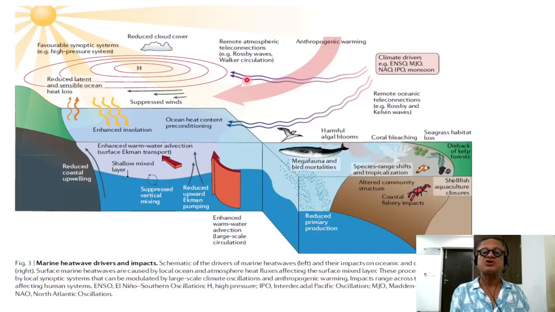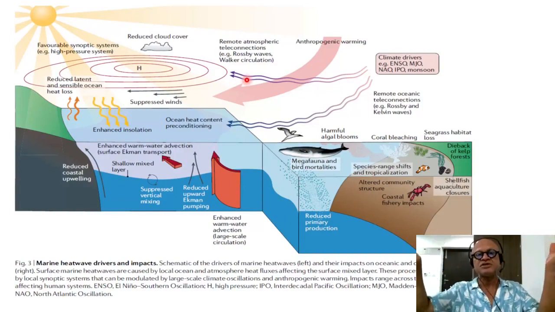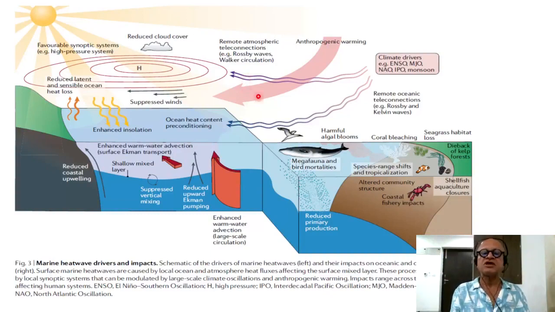Okay, the water circulation is of course the rising air in the West Pacific and sinking in the East Pacific during El Nino. This is perturbed, which obviously creates warm waters in the east, reduced upwelling, reduced photosynthesis, and so on. So reduced primary production. Megafauna and bird mortalities are well known. Harmful algal blooms happen whenever you have warming, because they can compete better for the limited amount of nutrients.